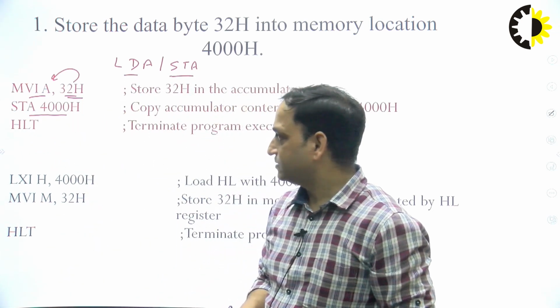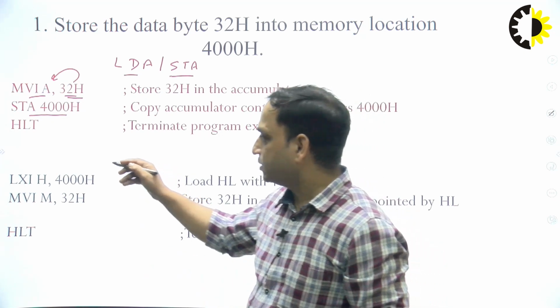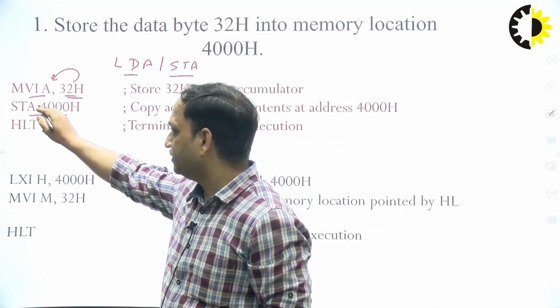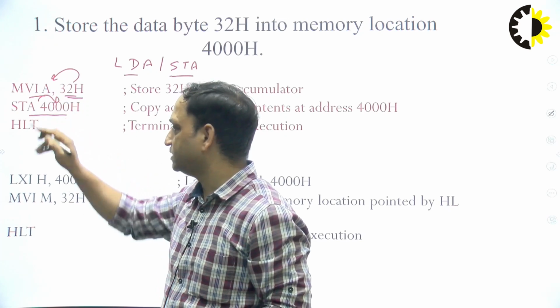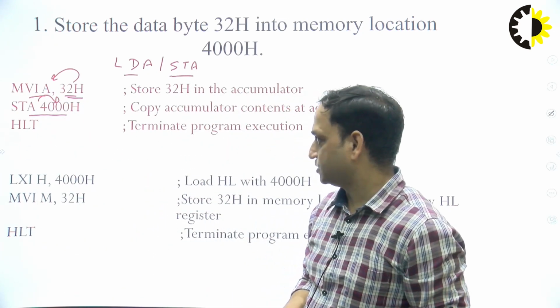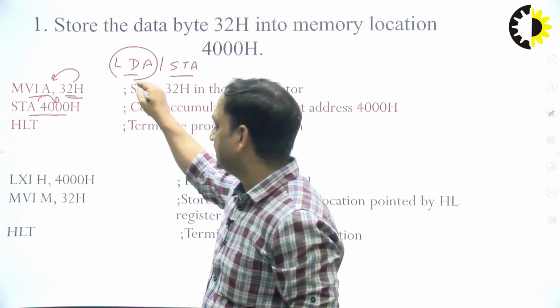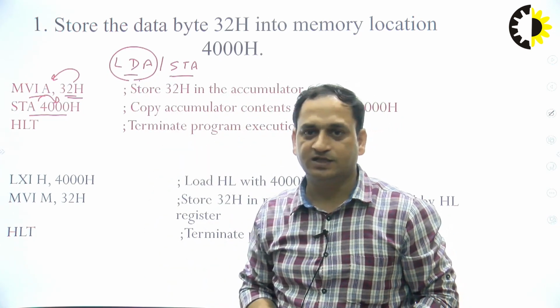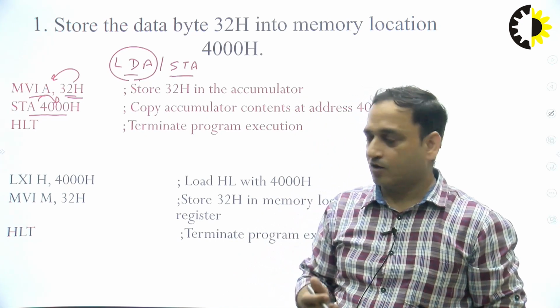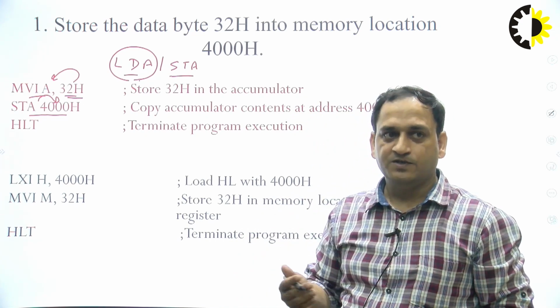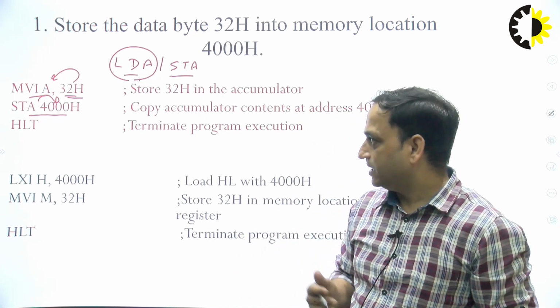This is a direct addressing mode in which the content of the accumulator will move into the memory location which is given specifically in the instruction. The LDA instruction is the opposite of that one, in which the content of the memory location will be stored in the accumulator.